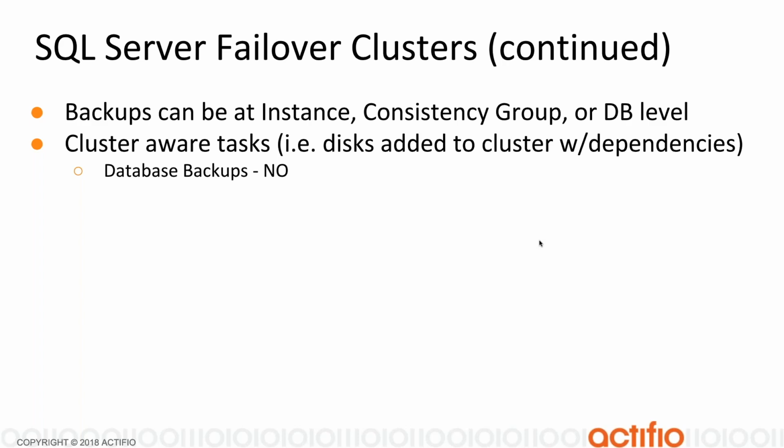But Actifio is not using the SQL Server engine to do data movement for our backups. Instead, we're taking that VSS snap, and then our connector does the incremental forever copies. The connector is not running as a SQL cluster resource. It's just a standalone service. So it can read the data from the VSS snap, and it can write it to the Actifio mounted disks, and therefore we don't have to add those disks into the cluster.